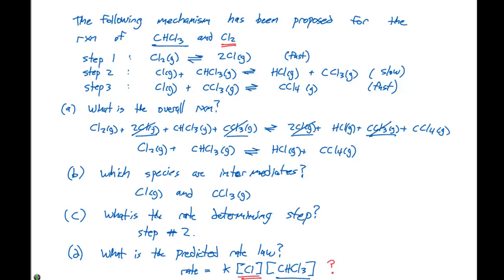So this particular rate law needs to be expanded upon, and we need to make sure that it contains the concentration of Cl2 and the concentration of CHCl3. So this Cl right here is not allowed.